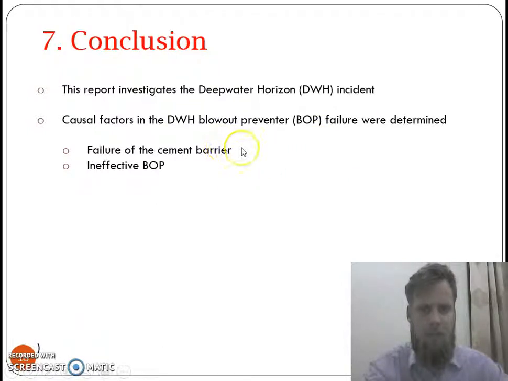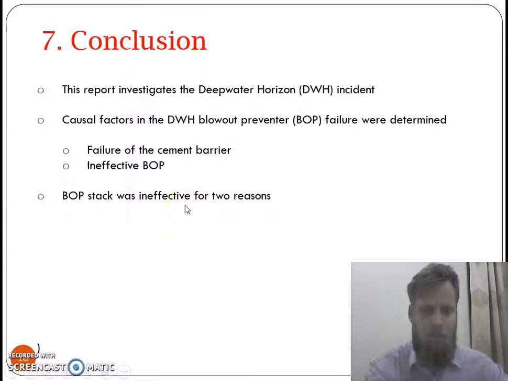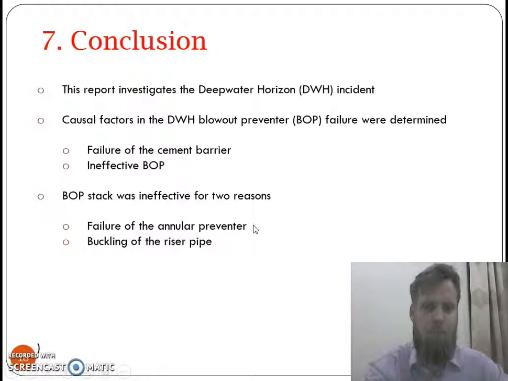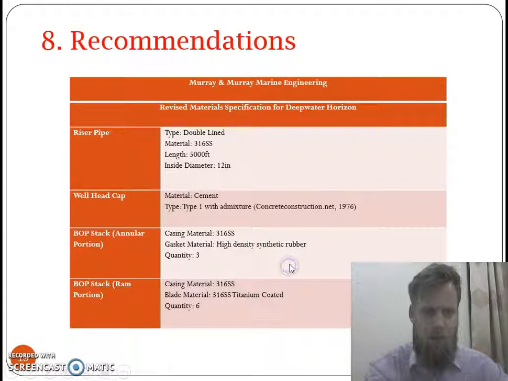So we talked about the failure of the cement barrier, which initiated the whole thing, the ineffective BOP, and we talked about why the BOP was ineffective as far as the annular preventer failing and the buckling of the riser pipe. Then that buckling of the riser pipe caused the ram type shear to not work.